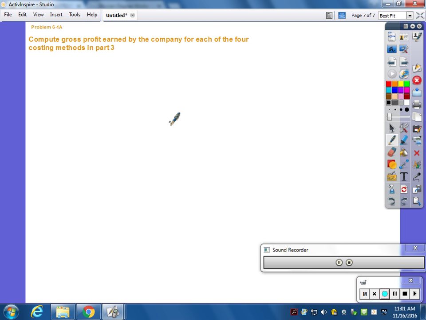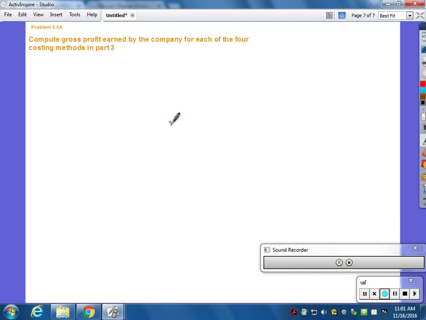Next, they wanted us to compute gross profit earned by the company for each of the 4 different costing methods. Now, the only way you can do that is remember what it cost you for the purchases and what was the amount of sales you made, right?